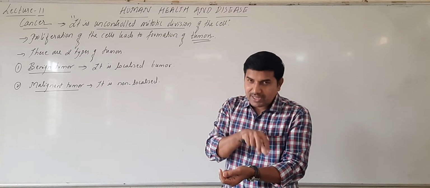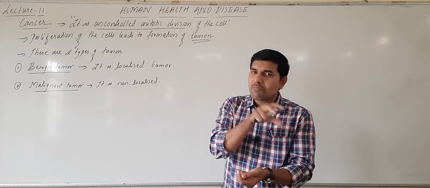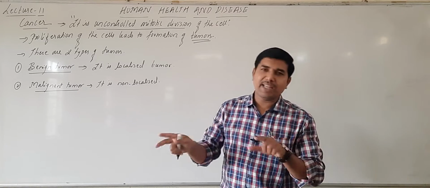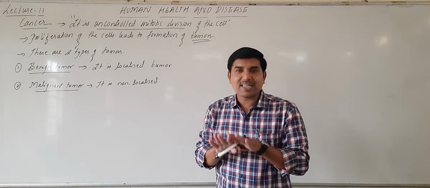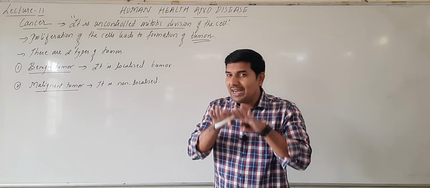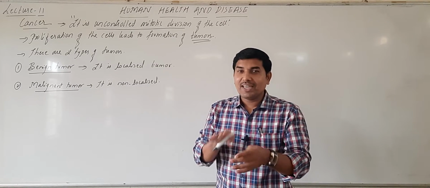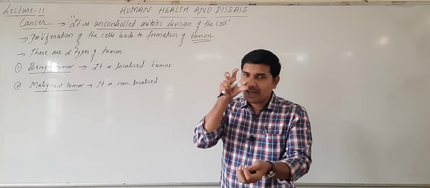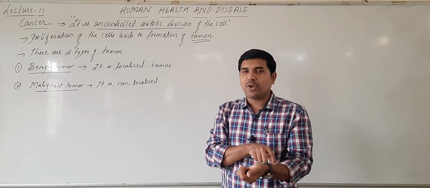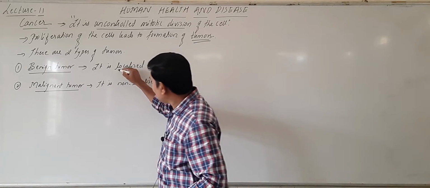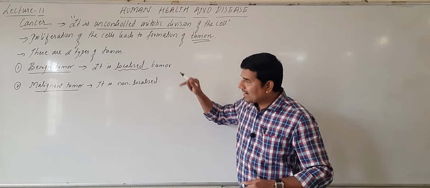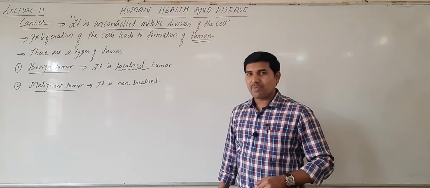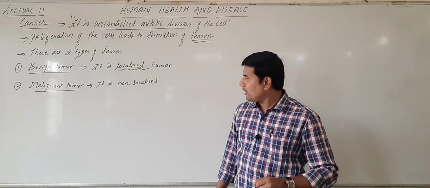Localized means it is present at a very particular part of the body, which causes less harm, because this is located at only one location of the body. That is why the term localized.